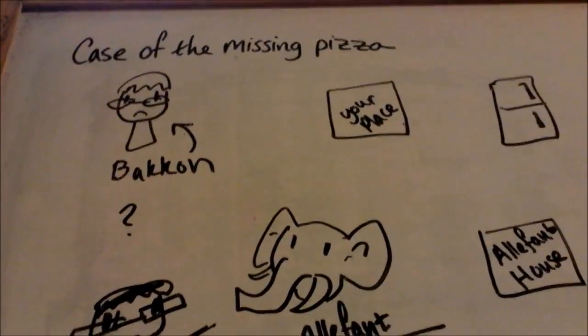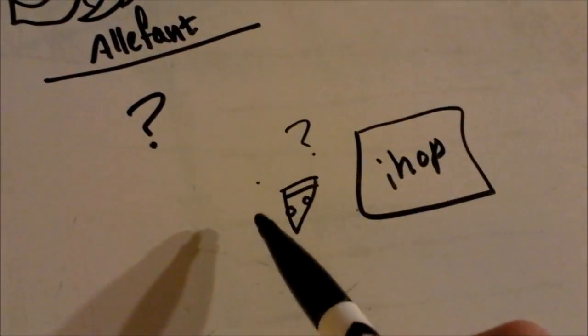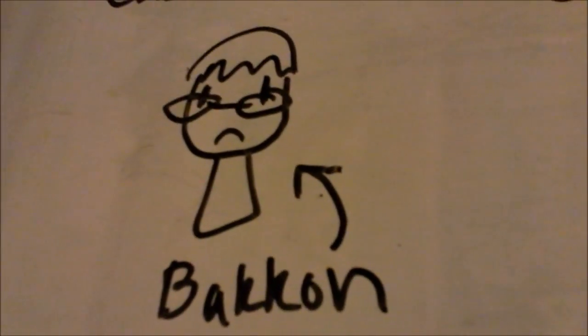So something's linked to him. You ask Bacon again, who was this person who was in our place? Maybe he knows, maybe he doesn't.